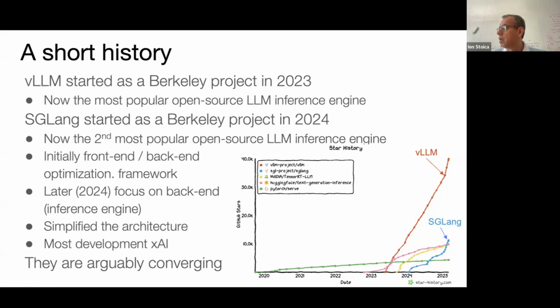So you have also a language, a library on the front end to make it easier to more efficiently use the GPUs, in particular to share the prompts, the prefix from the prompts and things like that, and it also has a backend, which is like a classic inference engine. In time, SGLang started to focus more on the backend, on the inference engine, and initially was a simplified architecture compared with vLLM, and was mostly developed on XAI.